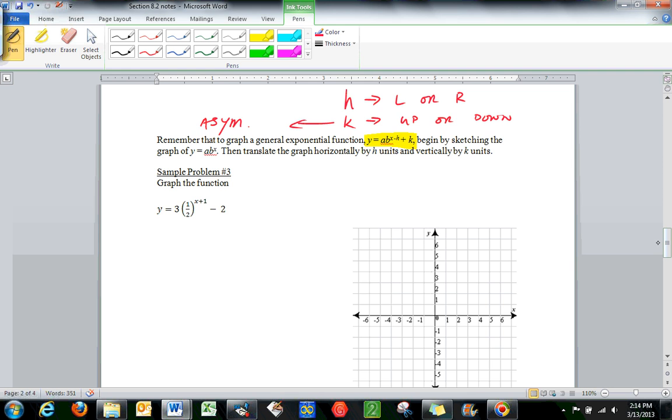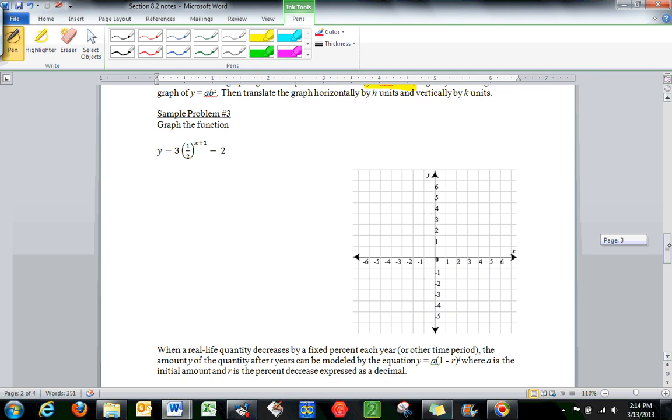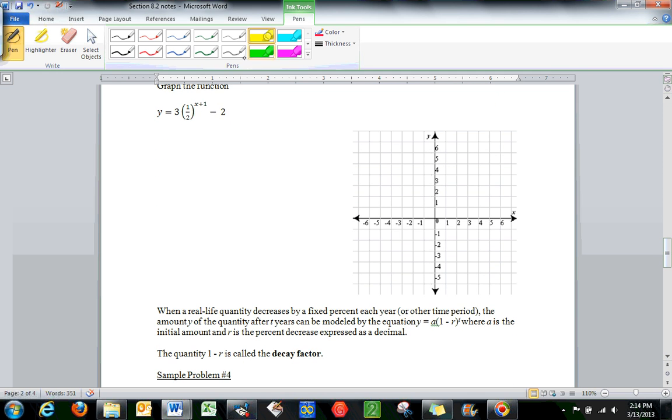Now we have sample problem 3 here where we're going to graph a decay function. We know it's decay based off that b value, but this has a shifting component, so you can do this one of two ways. You could graph y equals 3 times 1/2 to the x power, then shift the graph accordingly.